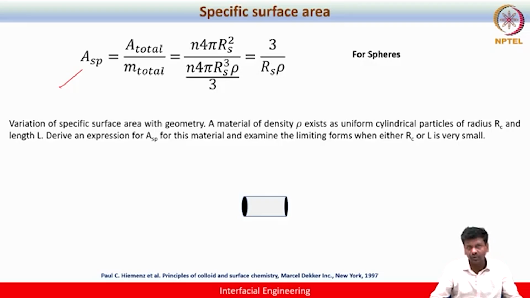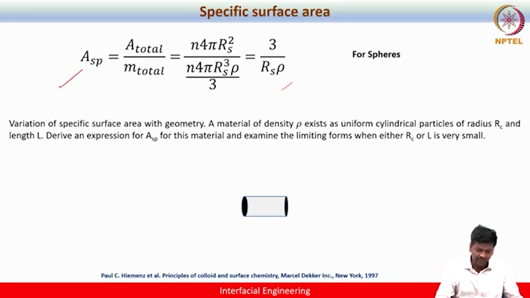It is a ratio of total surface area to the total mass of the sample. Let's say you collect a handful of sample containing spherical objects, you need to know what is the radius of the particle, and what is the mass of the sample. So once we know that, we can calculate the specific surface area of a given geometry.